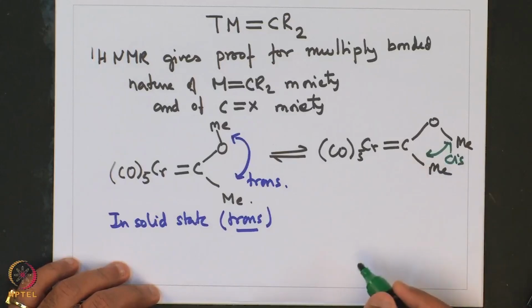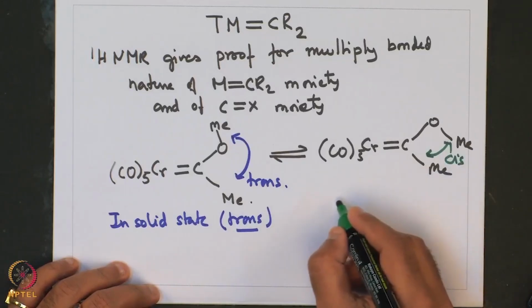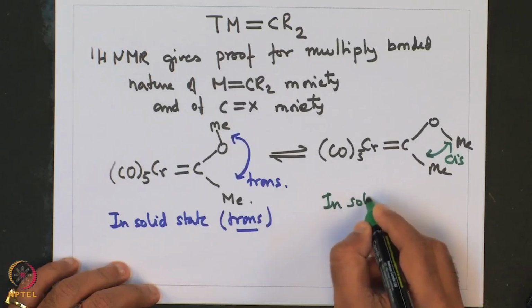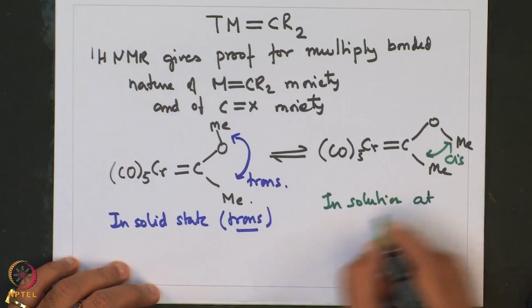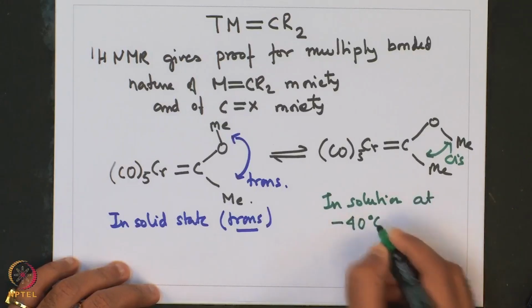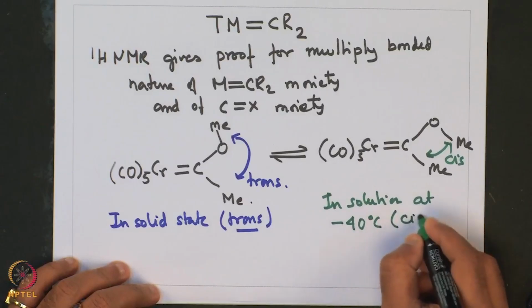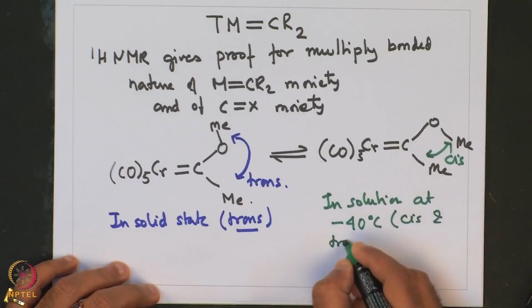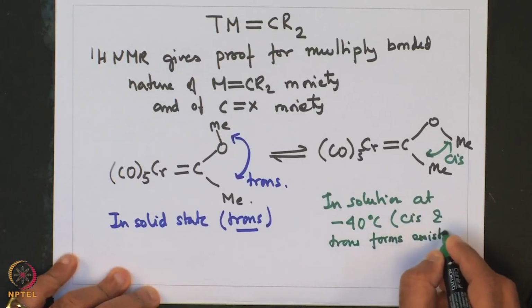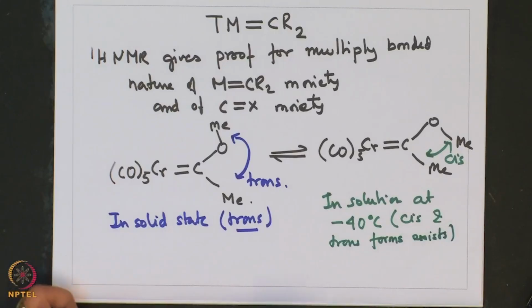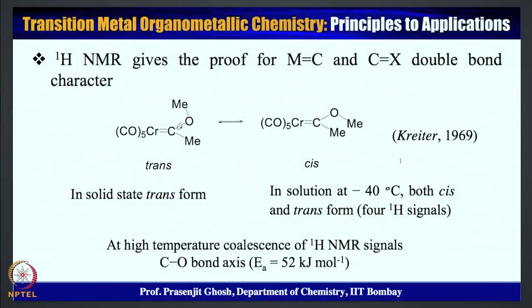Now, this is the cis form. So, in solution at minus 40 degree centigrade, both cis and trans forms exist, and as a result there are 4 proton NMR signals.